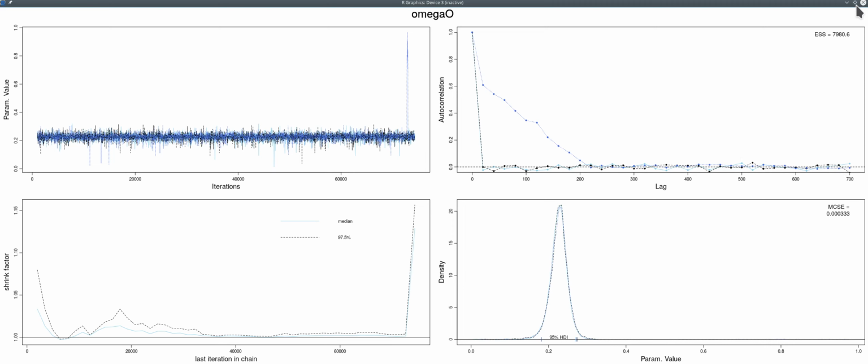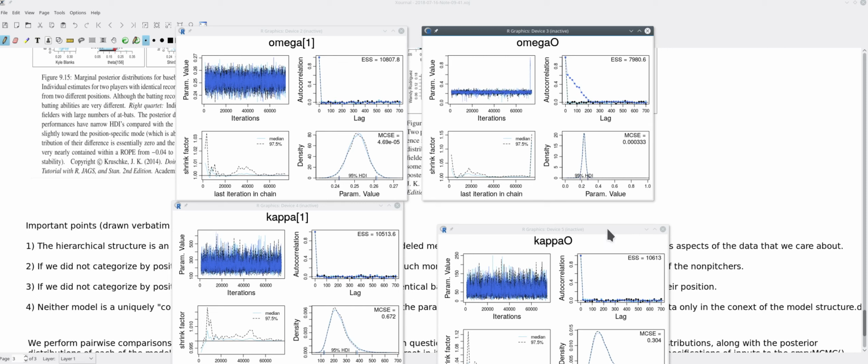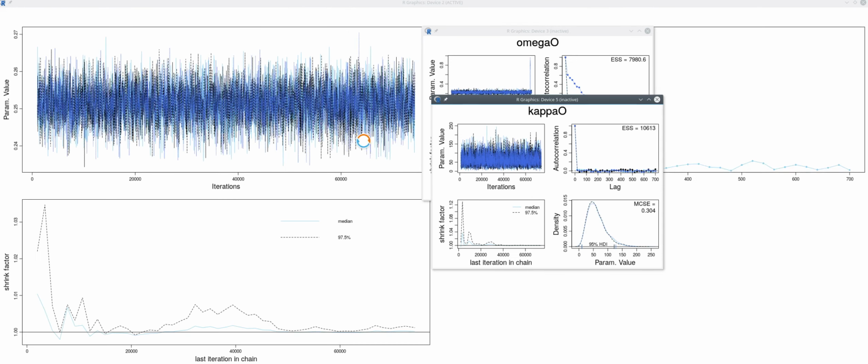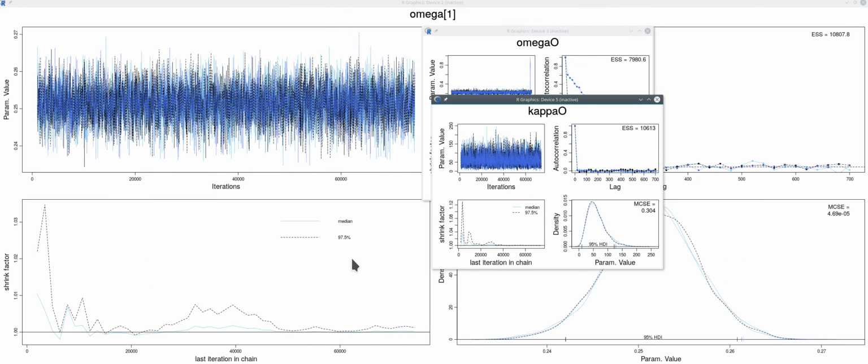So how do we rectify this? Let's see how the other ones look. At least this one seems to have converged, but the other omega one is once again not converging. You can see at least some of the chains are not at 1, and this is just above 10,000.